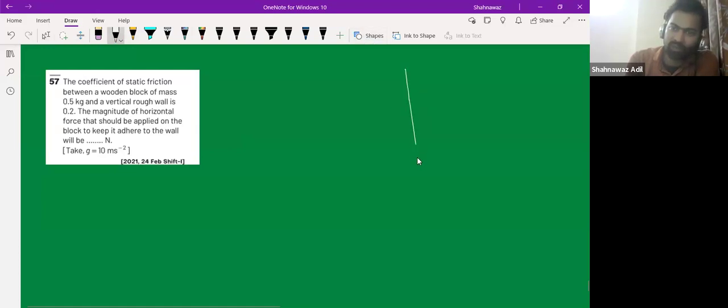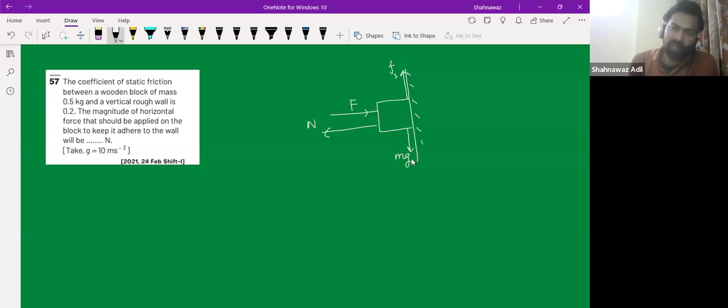So we have this vertical wall, and you have to apply some horizontal force. This would be the normal reaction, and this is the friction that we were discussing. This is static friction, and this is mg.